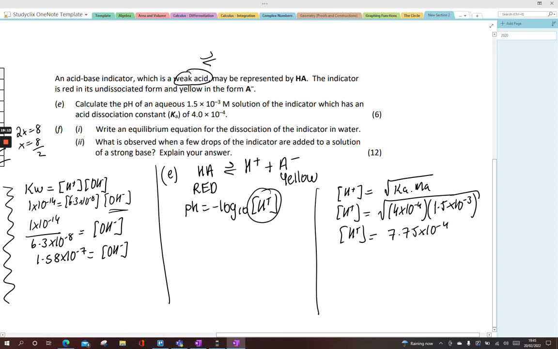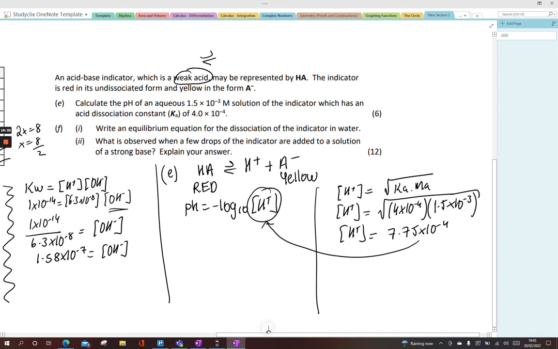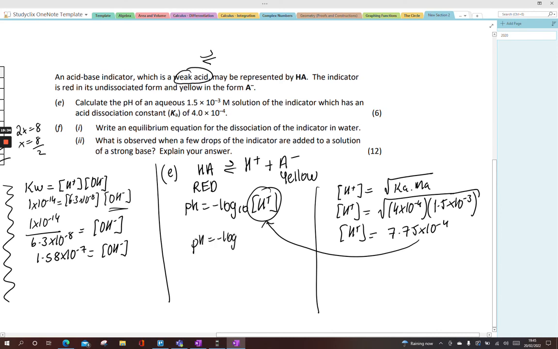Now, even if you forgot and you thought that was the pH, you'd know that wouldn't look right, because it's a very strong acid there, with a pH of 0.0007775. So something else would click. You're like, that must be that square root thing. So now we're going to put this into this here. pH is minus log to the base 10 of 7.75 by 10 to the minus 4.